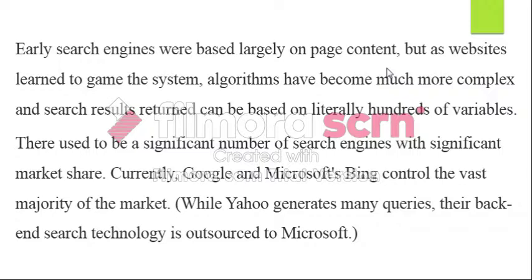Early search engines were based largely on page content, but as websites learned to game the system, algorithms have become much more complex, and search result return can be based on literally hundreds of variables.